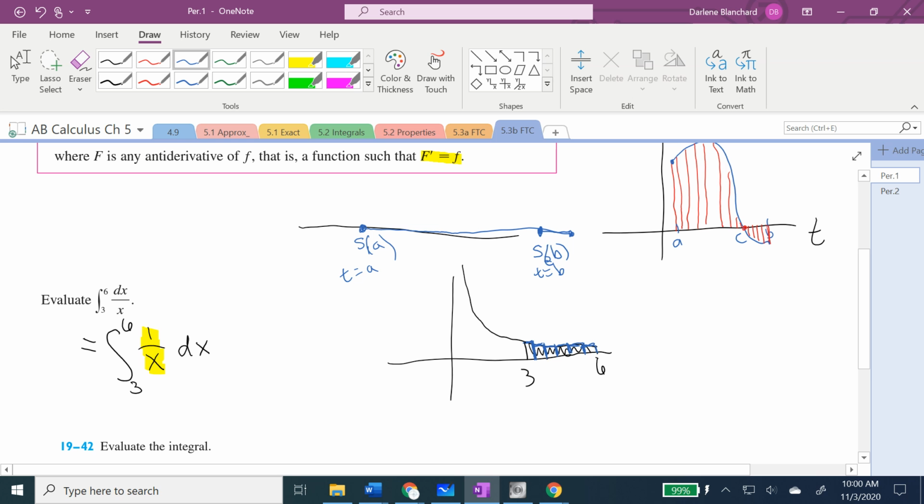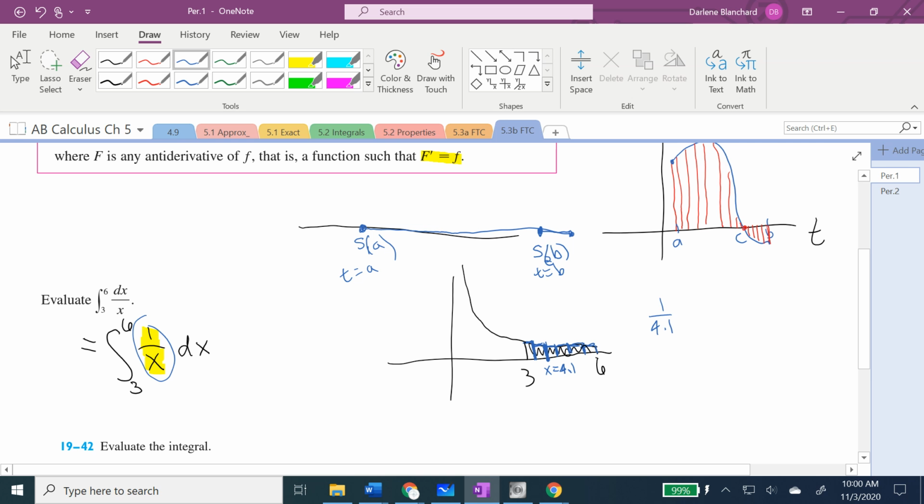So for example, let's say about right here, let's make the x-coordinate like 4.1. That looks like where 4.1 might be approximately. The height of that rectangle is 1 over 4.1. It is plugging 4.1 into that function.